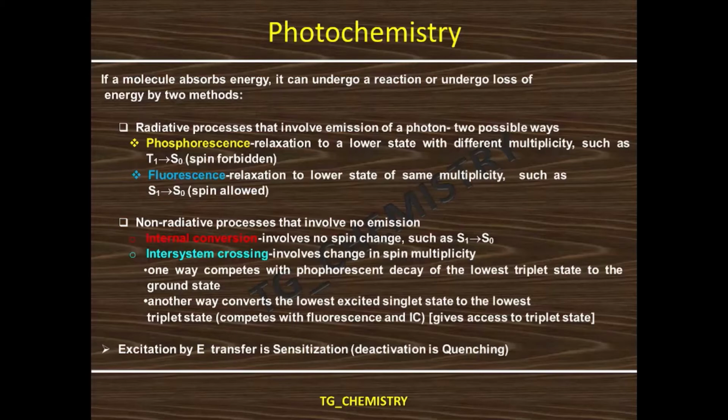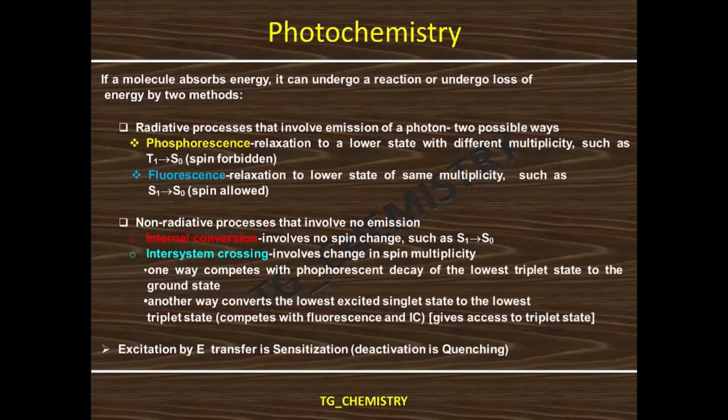First is phosphorescence, which involves relaxation to a lower state with a different multiplicity, such as the electronic transition from the triplet 1 state to the singlet 0 state, which is spin forbidden. The second process is fluorescence, which is the relaxation to a lower state with the same multiplicity, such as from the S1 level to the S0 level, and this is a spin allowed transition.